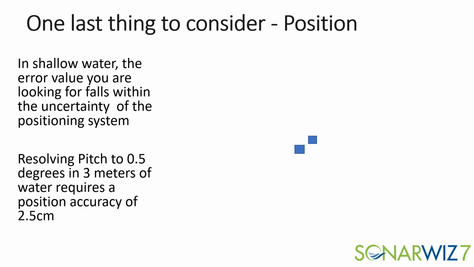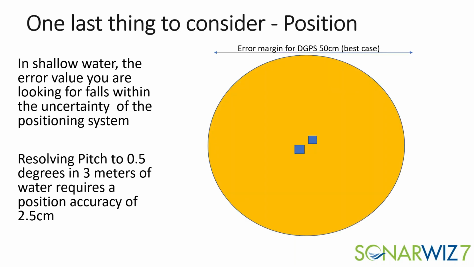And here's the point. If we want to resolve pitch to ½ degree, which is normal, and we're in 3 meters of water, if you do the math, a little trigonometry, we'll say, well, that little feature in the bottom, the seafloor, is going to move 2.5 centimeters. Problem is, we can't find it. Our differential GPS best case scenario is 50 centimeters.